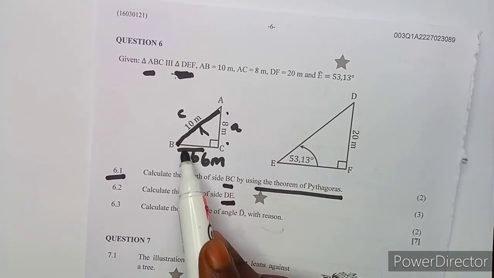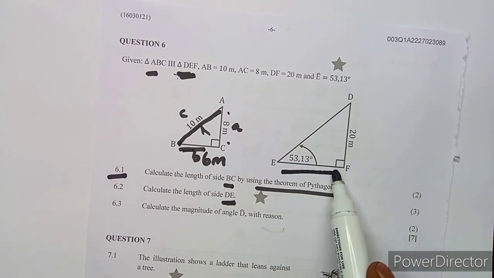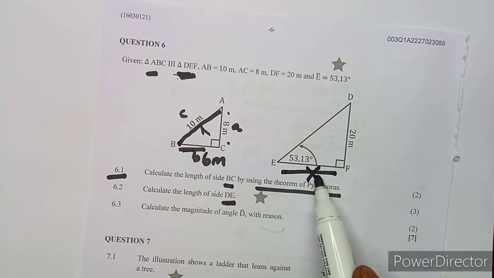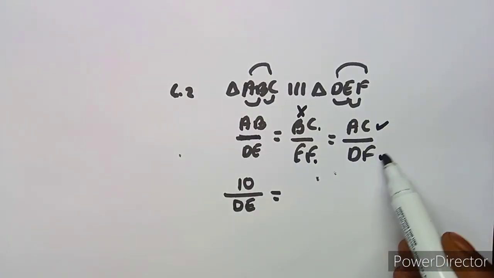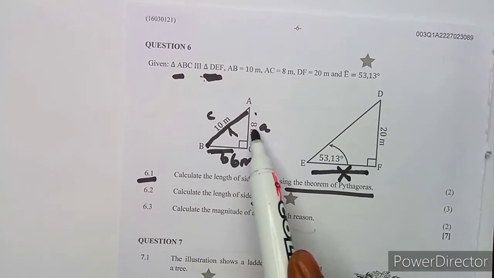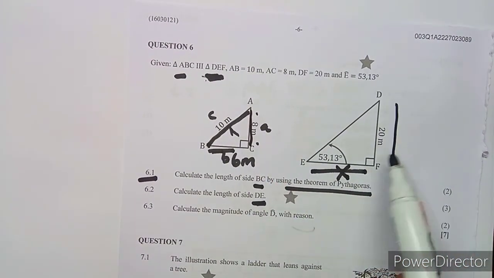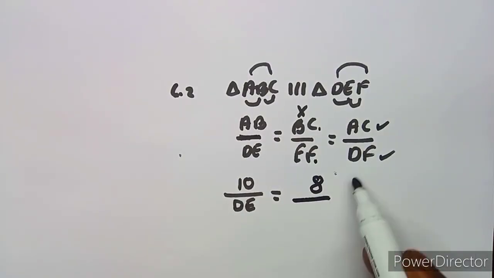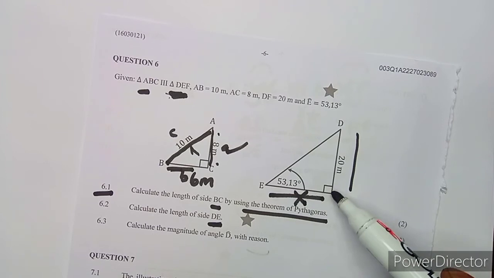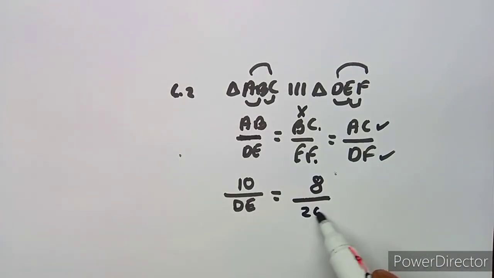BC we have, but we do not have EF, so we are not going to take this ratio. We move on to another one: AC over DF. AC is there, DF is there, so AC is 8 over DF, and our DF is 20.